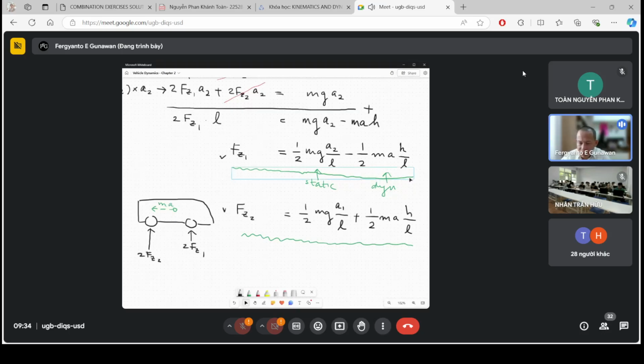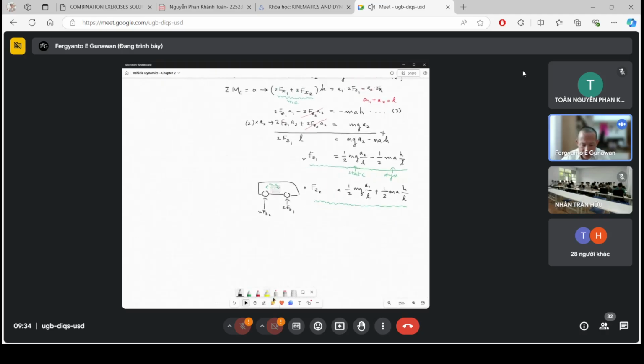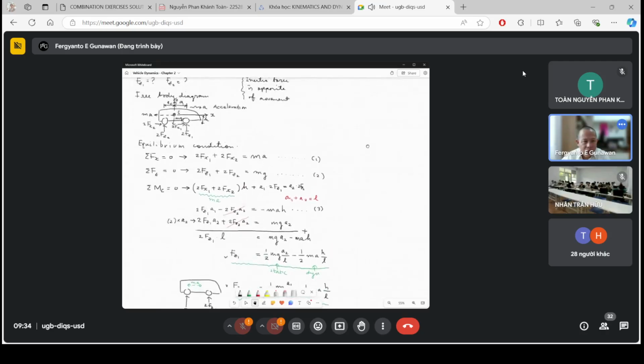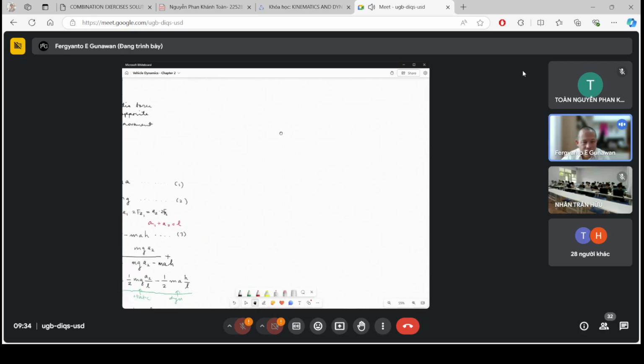So now next, what is the maximum acceleration that we can achieve, right? So let's talk about the maximum accelerations that we can achieve.